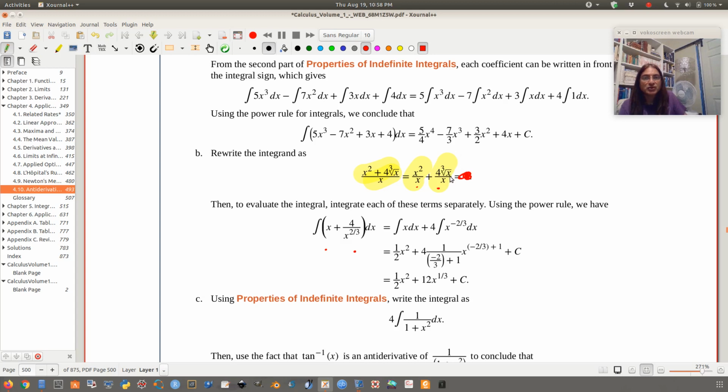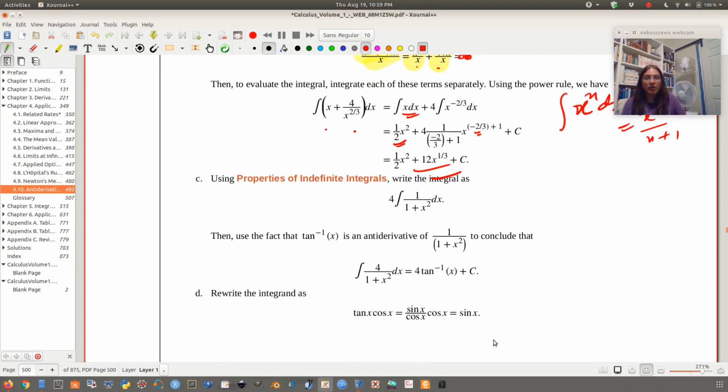So 1 minus 1/3 is 2/3. This one is x squared over 2. This one is x to the negative 2 over 3. Again, we know that the integral of x to the n is x to the n plus 1 over n plus 1. So x to the negative 2 over 3 plus 1, over negative 2 over 3 plus 1. So n is negative 2 over 3. And you get the answer.